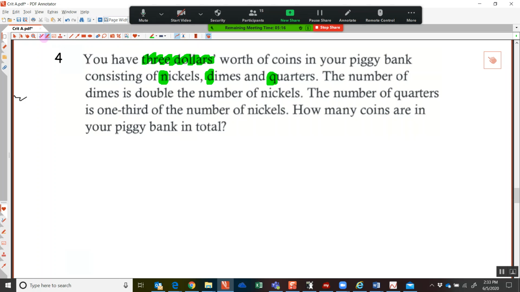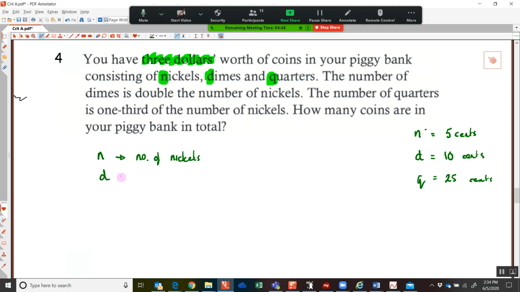Some I had to look up, guys. Do you know what a nickel is worth? That's 5 cents, yeah. And a dime? 10 cents. And a quarter? 25 cents. Okay. What is the N going to stand for if I use an N? N is equal to the number of nickels.